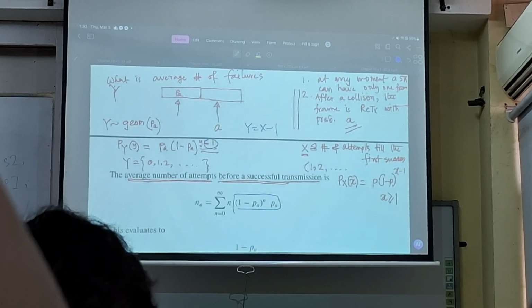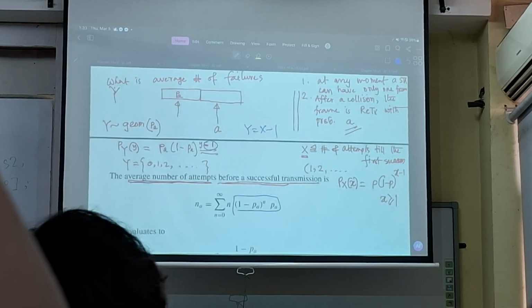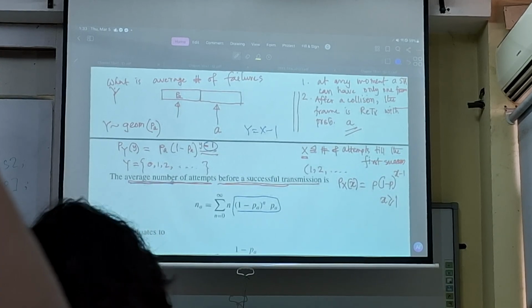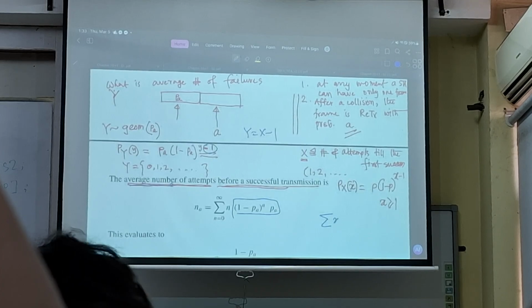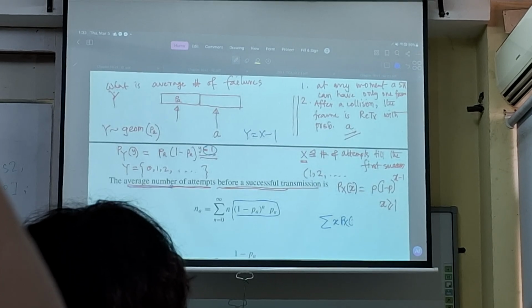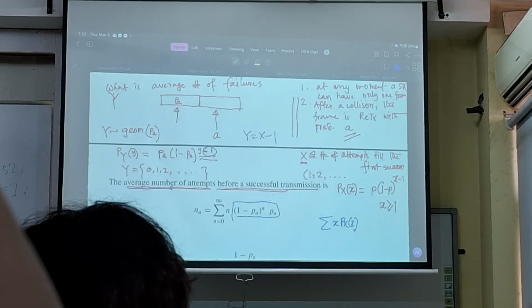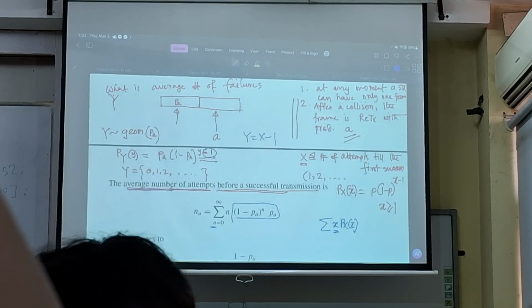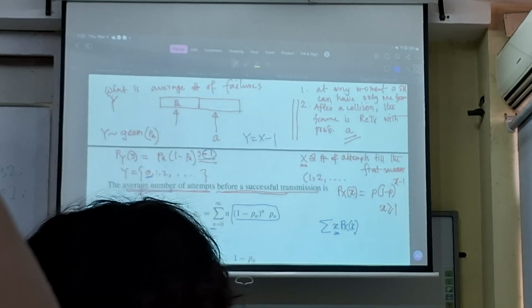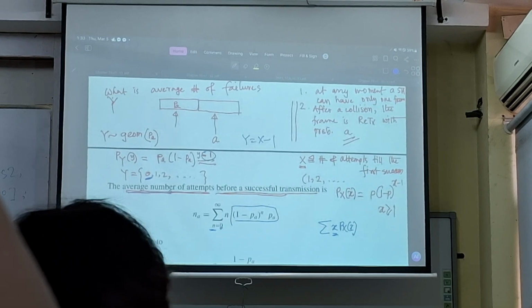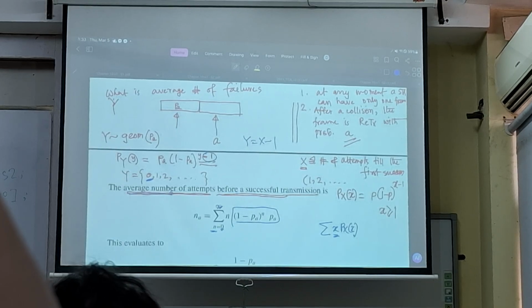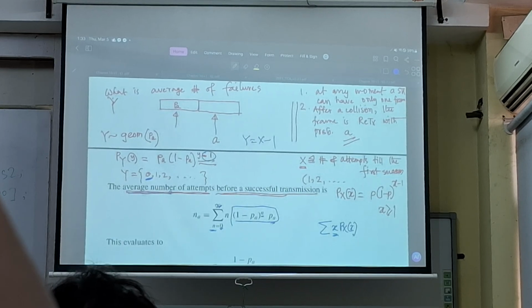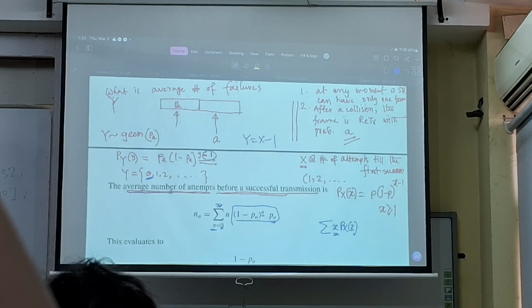And the expected value, the average number of attempts, you know the formula for expected value: x times the PMF of x, summed over the values of x. Here for y it starts from 0 and goes up to infinity, and the PMF is (1 minus P) to the n times P. We understand?